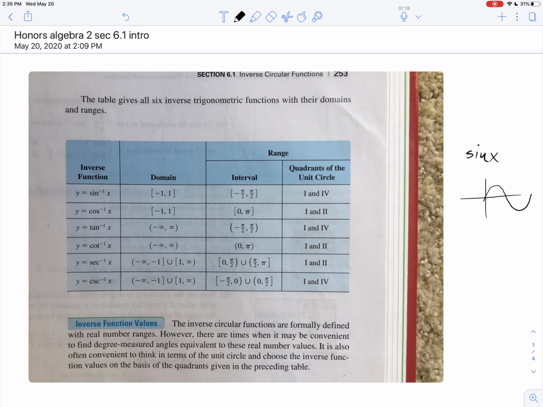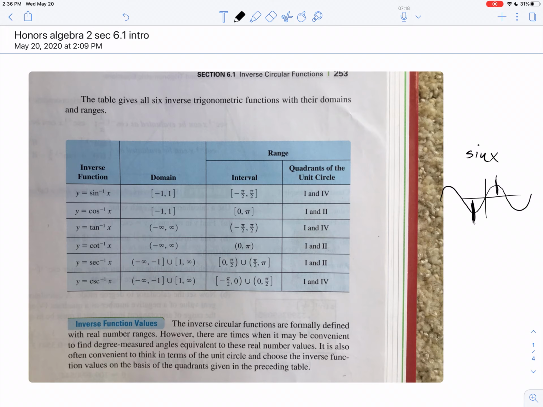What we do is we cut it off so that it passes the horizontal line test. We partition it in a certain location, and then we can invert it.